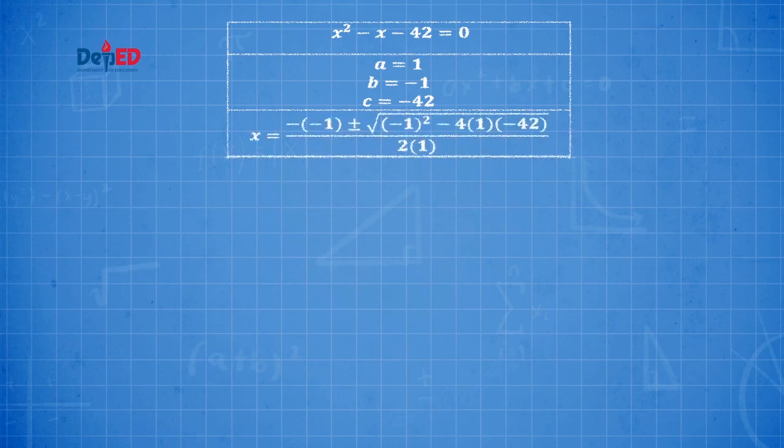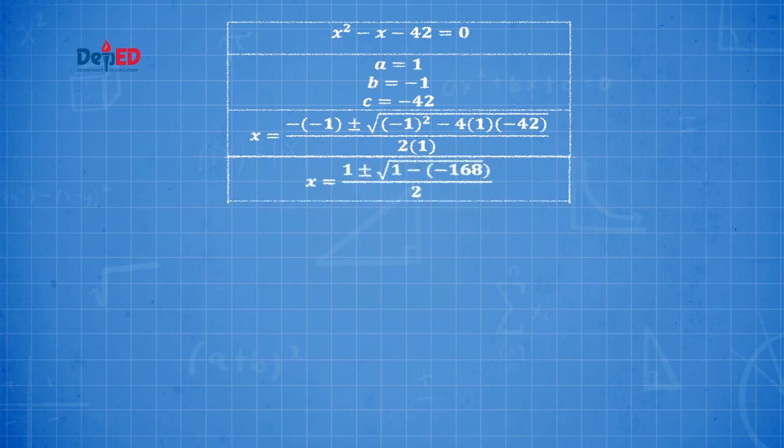X equals the negative of negative 1 plus minus the square root of the quantity, the square of negative 1, decreased by the product of 4, 1, and negative 42 all over 2 times 1. After substituting the values of the coefficients in the formula, we simplify.